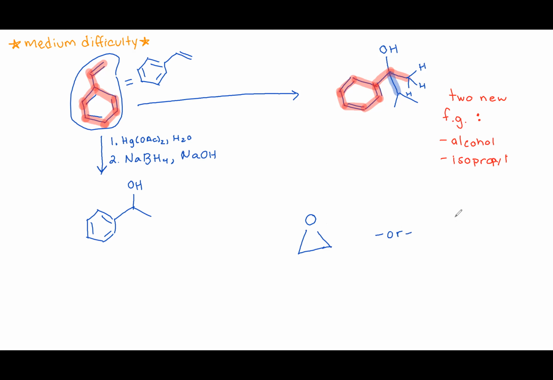So if we think about an epoxide versus a carbonyl, and we're trying to figure out which one to use for synthetic purposes, we know that with an epoxide, we'll have some sort of a nucleophile come in and attack, and we'll get a product like this. Whereas with a carbonyl, our nucleophile will come in and attack, and we'll get something like this produced.